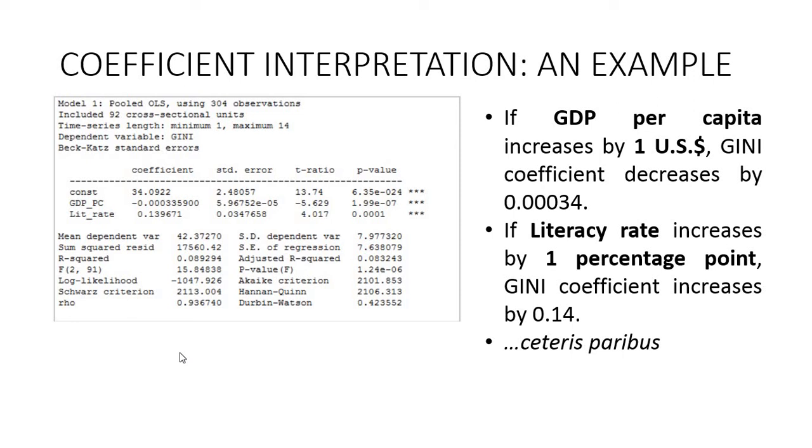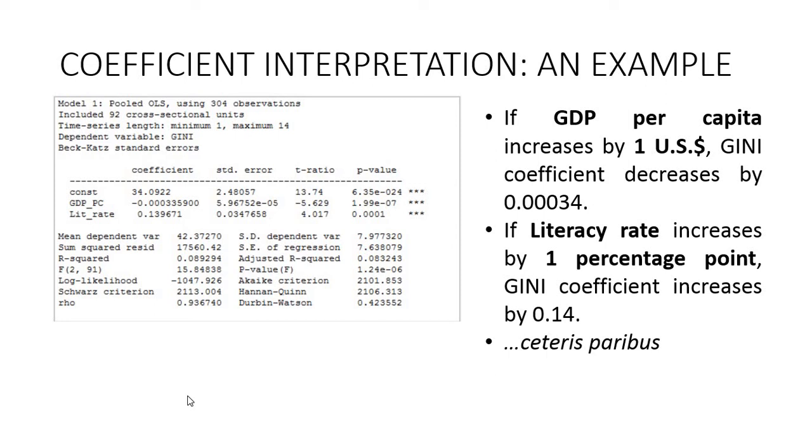So if GDP per capita increases by $1, Gini coefficient decreases by 0.00034 here. If literacy rate increases by 1 percentage point, again please pay attention, not percent, percentage point, Gini coefficient increases by approximately 0.14. I do not add any units for Gini coefficient because it's just an index.